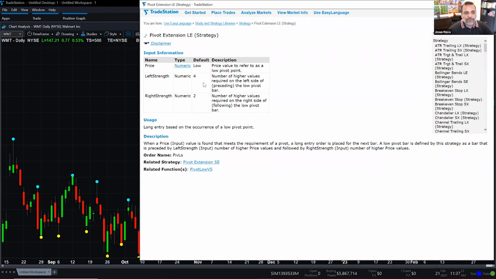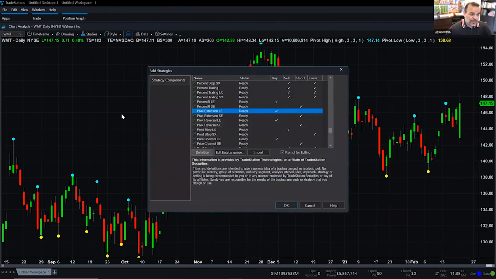Maybe it's looking for a little bit more strength on the left hand side and then have a quicker response on the right hand side and only wait for 2 bars. Those are things that you can test on TradeStation and see if that's something that makes sense. The show me looks at 3 and 3. The strategy is looking at 4 and 2. But let's go ahead and put that here on the chart to see what it looks like. I'm going to put the 2 extension strategies, long entry and short entry.